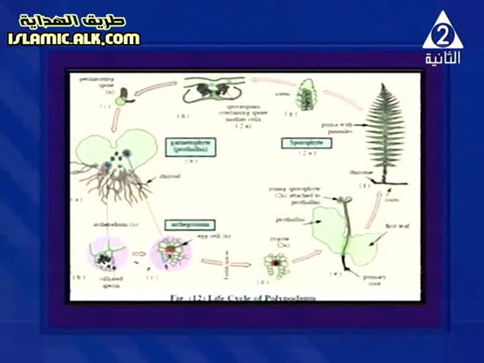After that, it forms new individuals with complete root, stem and leaves. This is the life cycle of polypodium.